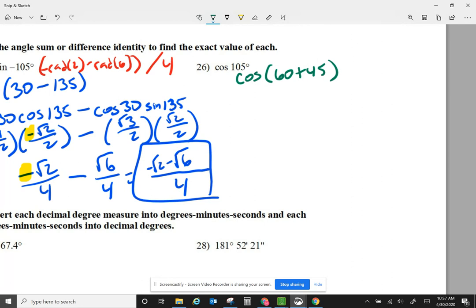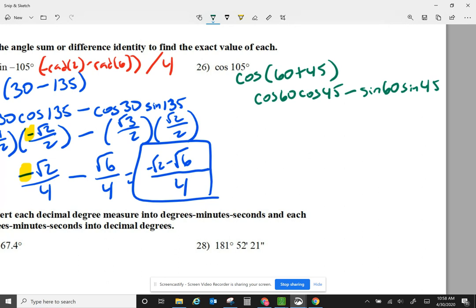All right, so here I'm going to use the formula that I gave you guys of cosine A plus B. So I have cosine of 60 times cosine of 45 minus sine of 60 times sine of 45. That's from the formula.